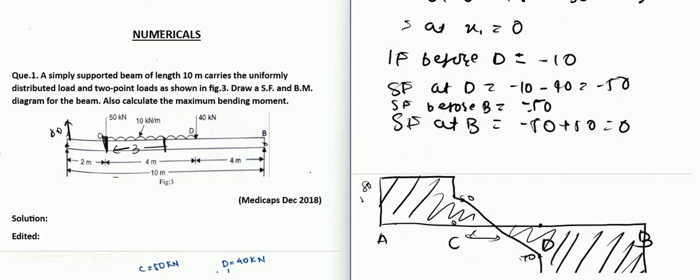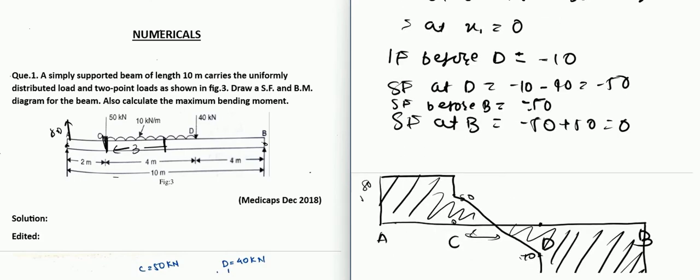what we have is a 30 kilonewton force at C, and it will gradually decrease to 0 when it travels 3 meter, because there is a 10 kilonewton per meter load. Up to 3 meter it will be 30 kilonewton, and it will just go to 0 at that point.